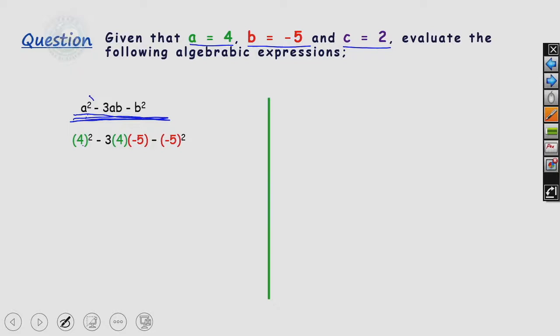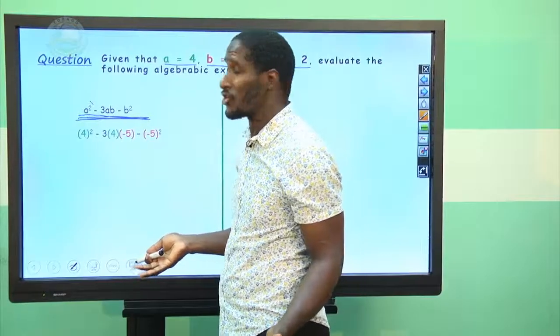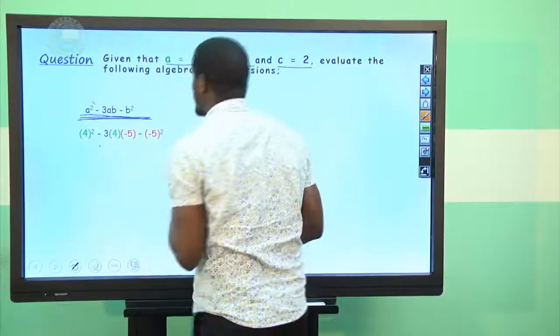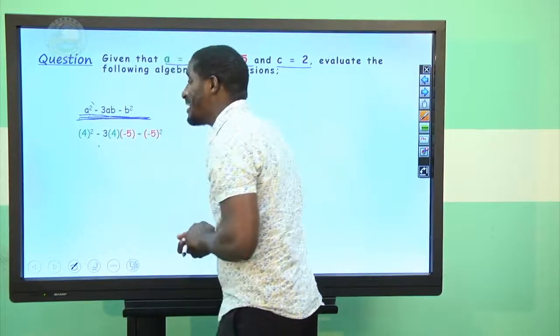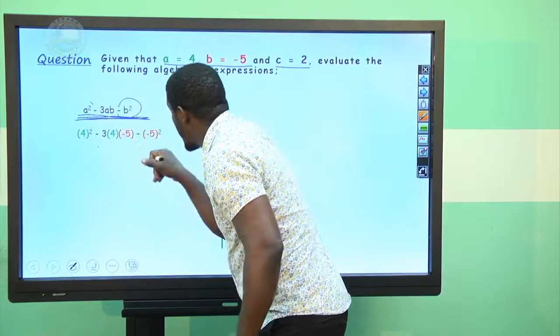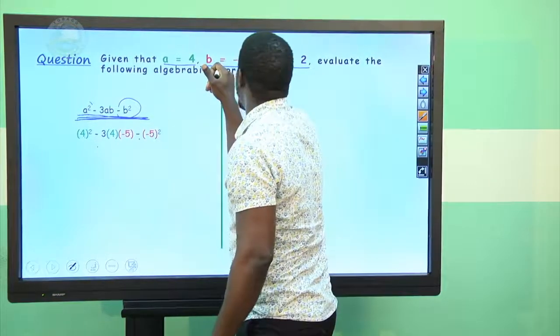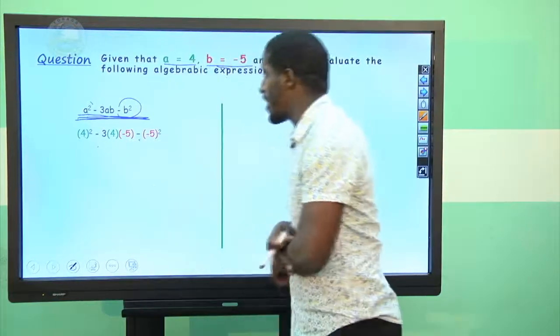So it's minus 3, and brackets also mean multiplication, so 3 brackets a, which is positive 4, by b, which is negative 5. And then it's minus b squared. B is negative 5, so it's minus negative 5 squared.